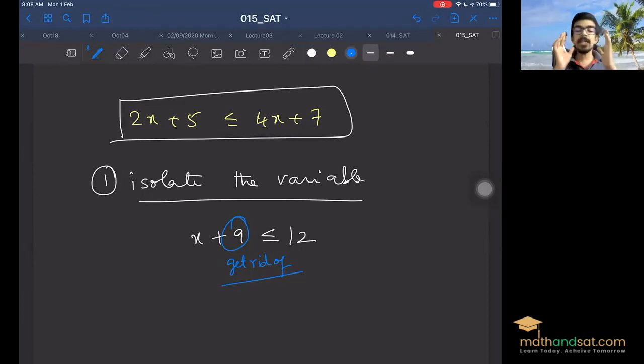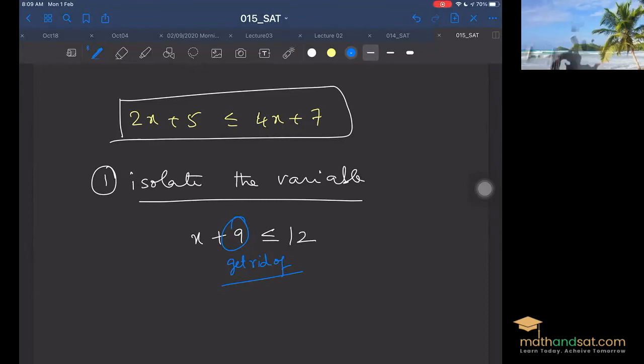Just like in an equation, we can add or subtract the same constant number on both sides of the inequality without doing any damage to the inequality.